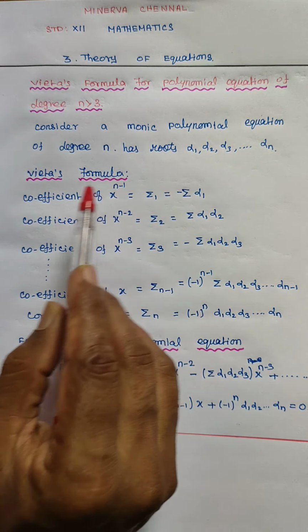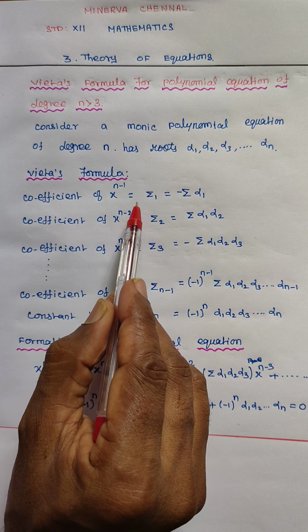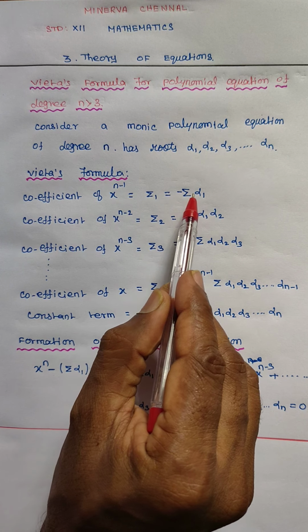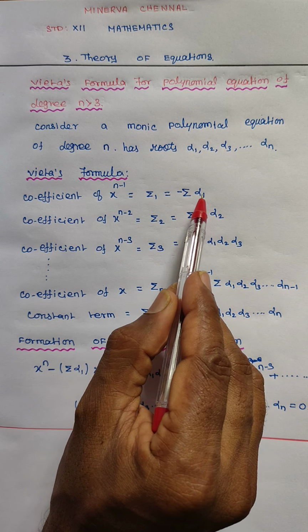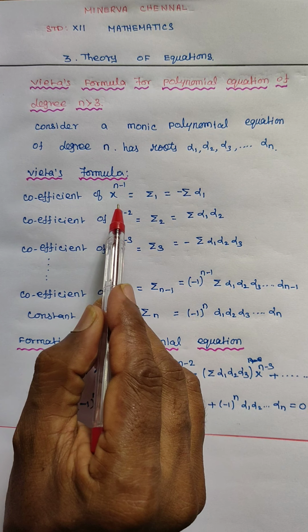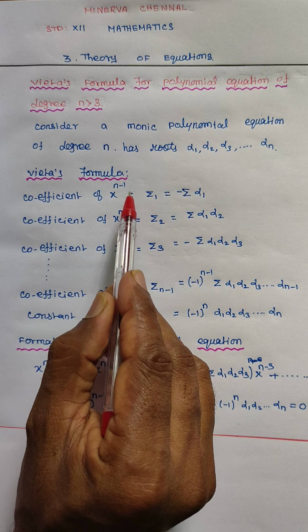So Vieta's formula: the coefficient of x power n minus 1 is equal to minus of summation of alpha 1, that means the sum of all the roots.